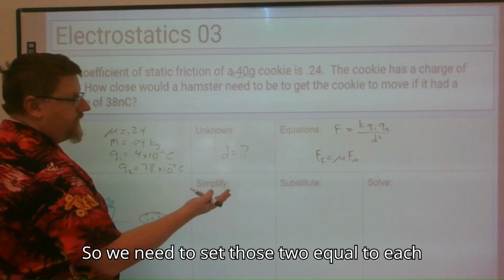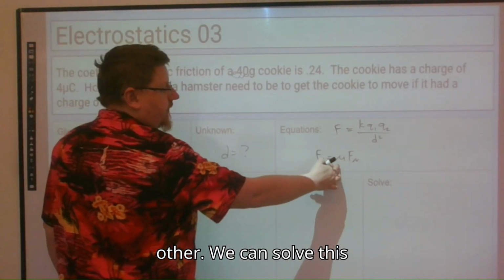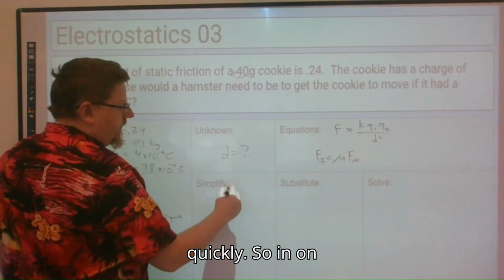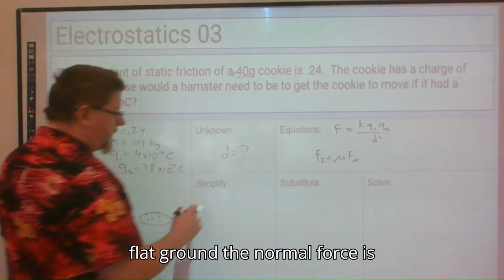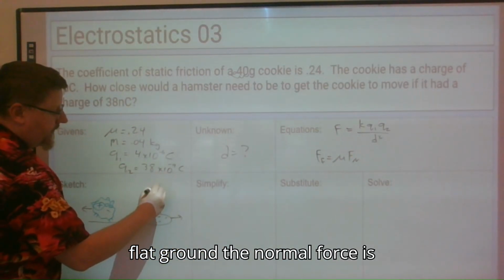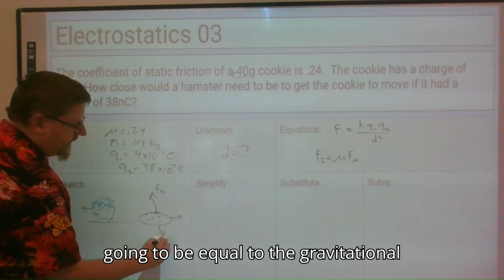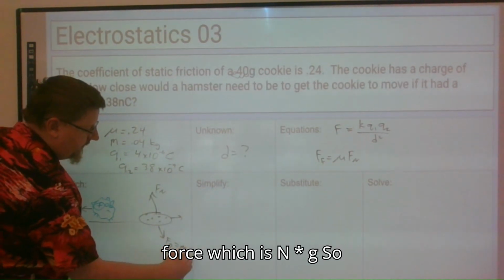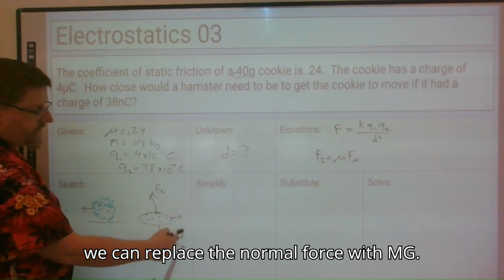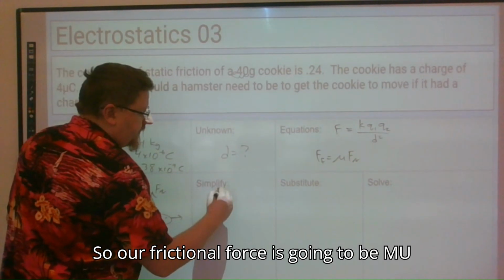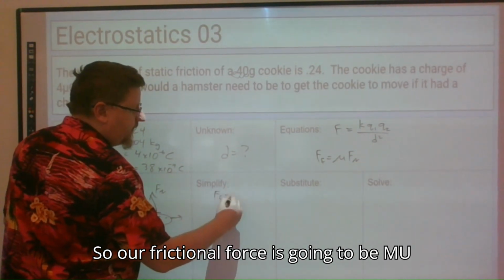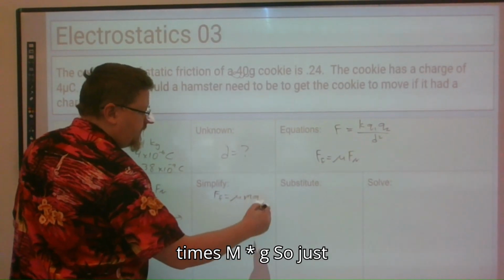So we need to set those two equal to each other. We can solve this quickly. On flat ground, the normal force is going to be equal to the gravitational force, which is m times g. So we can replace the normal force with mg. So our frictional force is going to be mu times m times g.